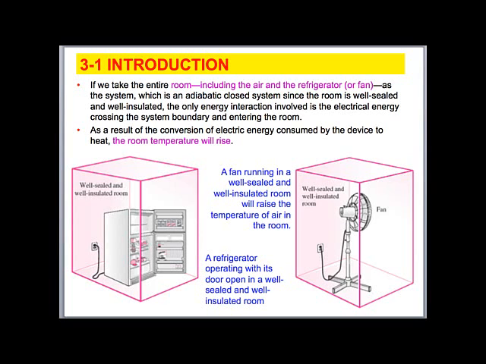So I hope, if anything, you take from this class that energy is conserved. It cannot be created or destroyed. So let's take a few examples here where we look at a refrigerator and a fan inside of a system.